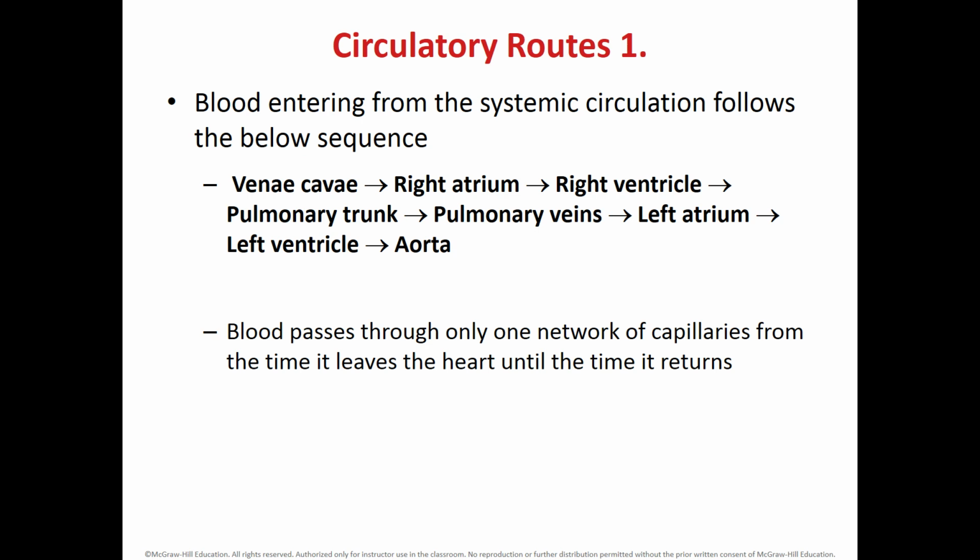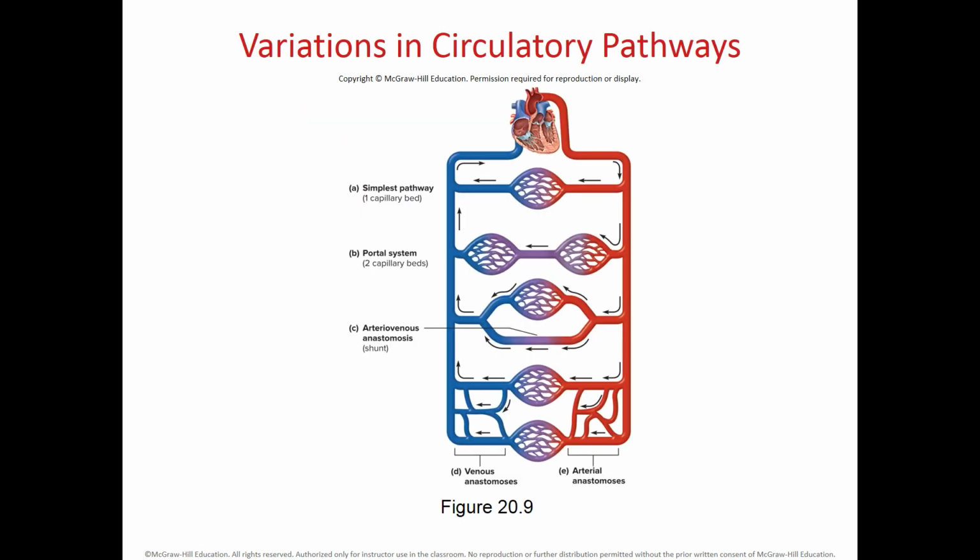And blood passes through only one network of capillaries from the time it leaves the heart until the time it returns. So the simplest pathway to follow from the aorta going into tissues is going into the capillary beds, only one, or going into two capillary beds that we know as a portal system, when you have a connection between two capillary beds, or it can go into what we call arteriovenous anastomosis, which is this.